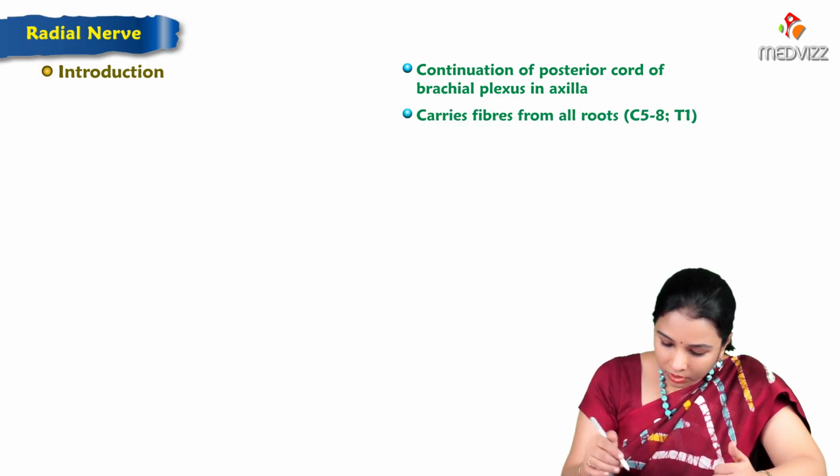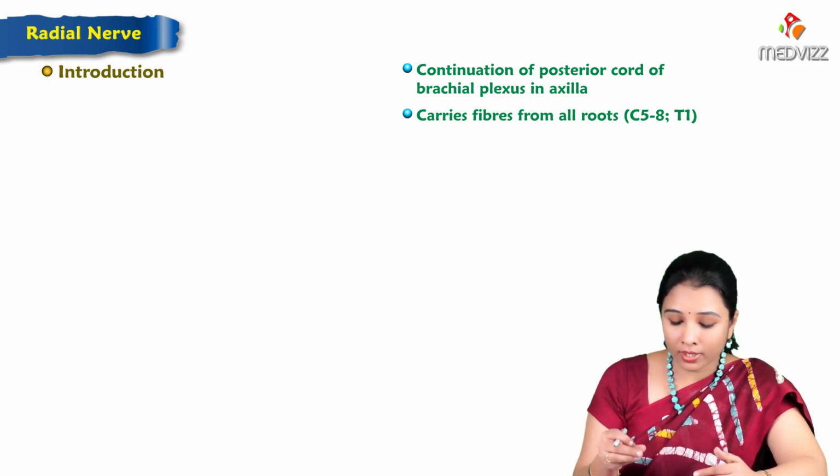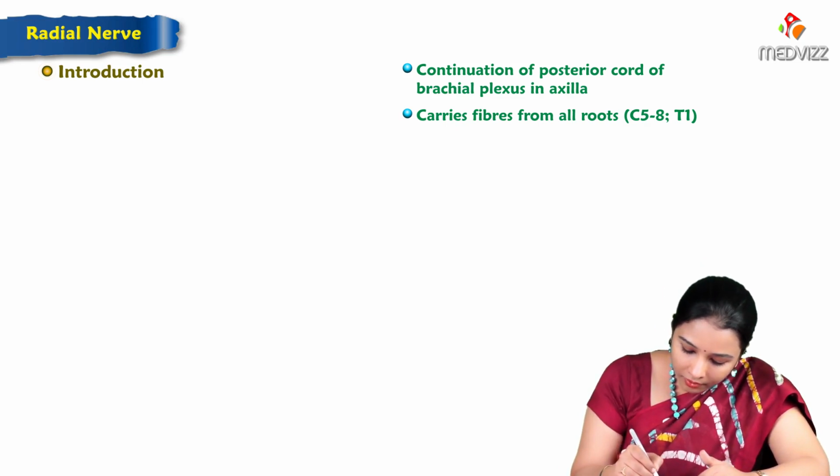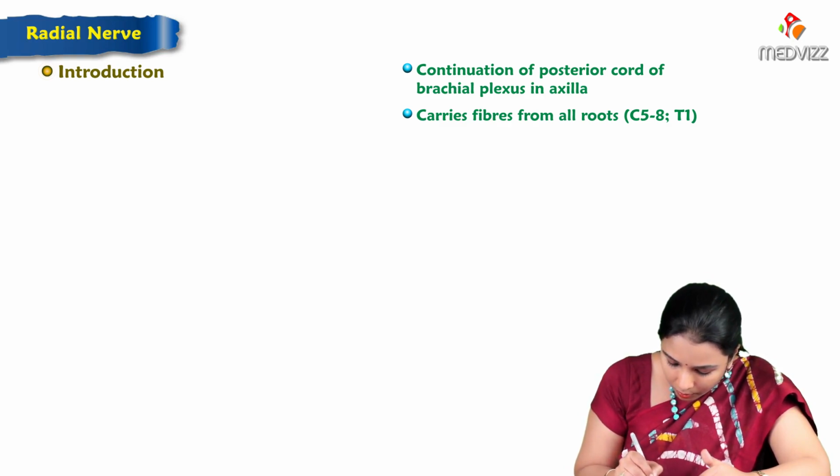C5 to T1 are the roots, and roots join to form trunks: upper trunk, middle trunk and lower trunk. Each trunk divides to form divisions, and all the posterior divisions of each trunk form a cord called the posterior cord of the brachial plexus.